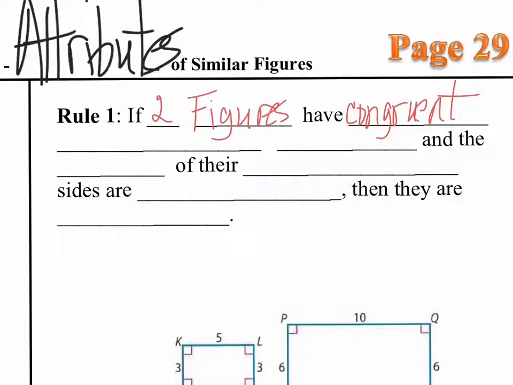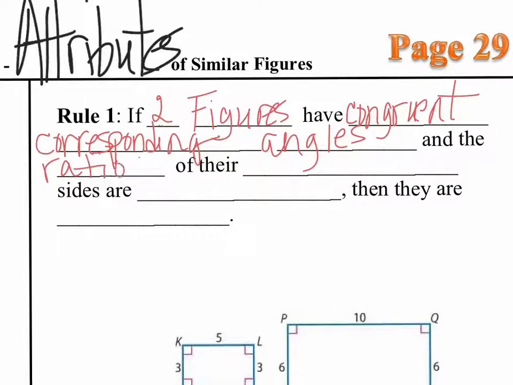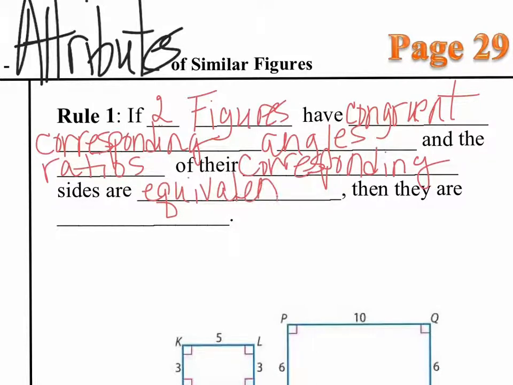Equal, congruent, corresponding angles, and the ratios of their corresponding sides are equivalent, which means equal, then they are similar.